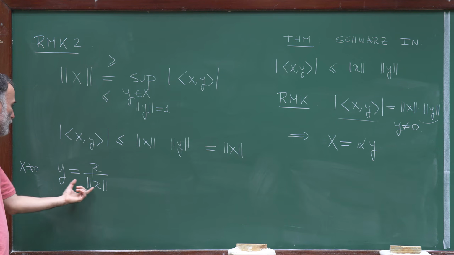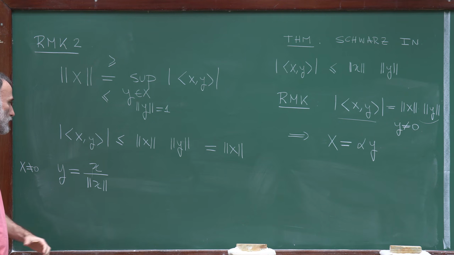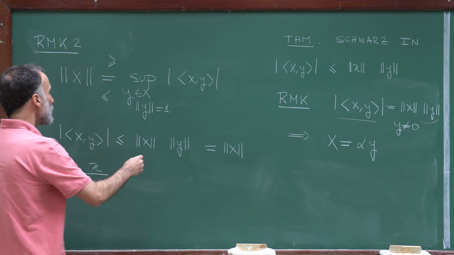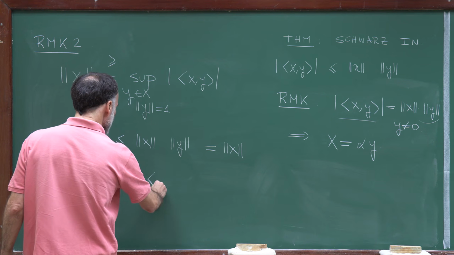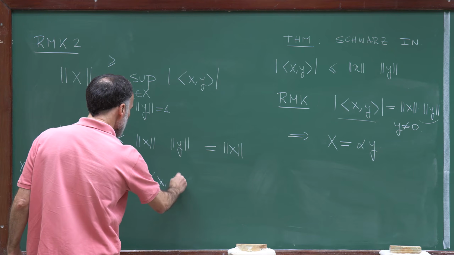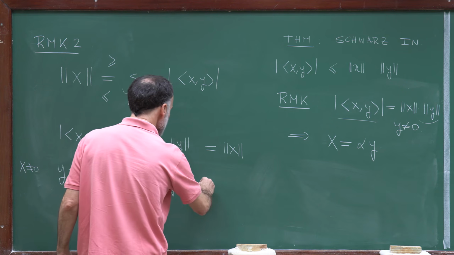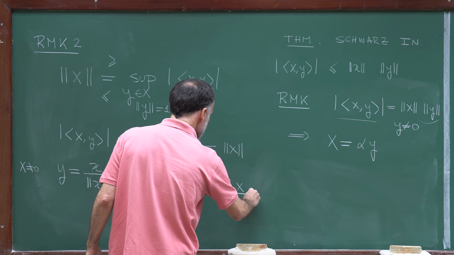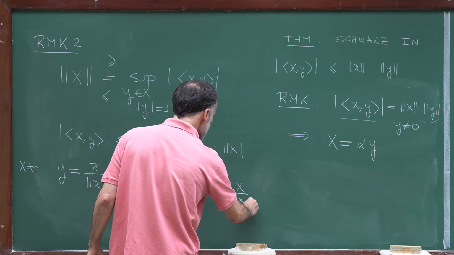The norm of y is equal to 1, so I'm allowed to use that element. And by using that element, what I get is that the scalar product of x and y is equal to the scalar product of x with x divided by the norm of x.